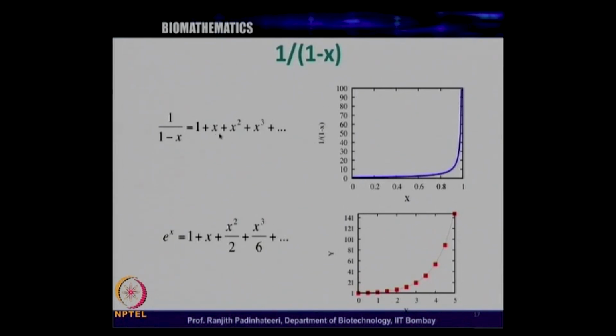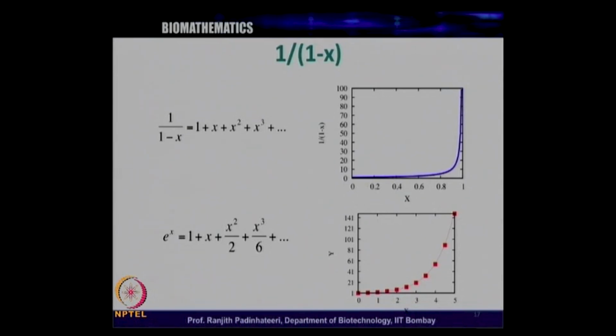Here it is 1 plus x square plus something; there it is 1 plus x square with some coefficients, x cube with some other coefficients. Without these, the two functions look similar, and their behavior is also similar. Both of them increase with x very fast. So again, this is a function which increases with x.